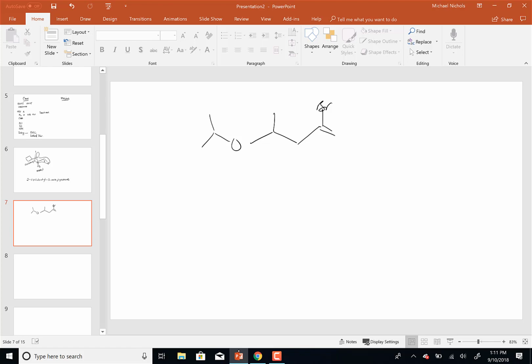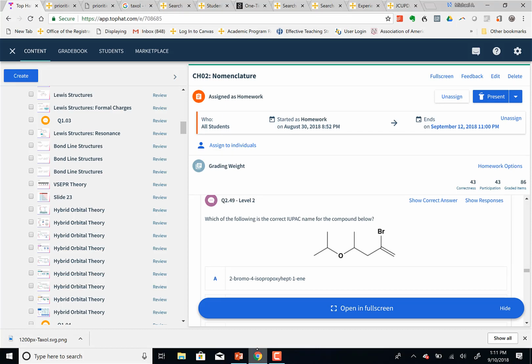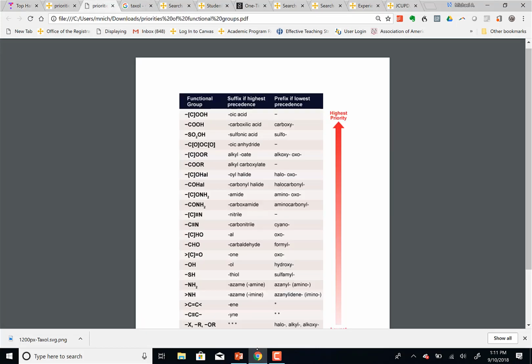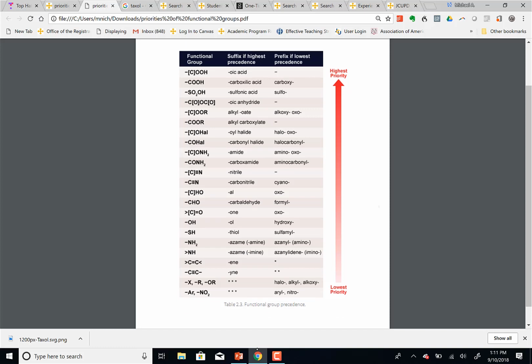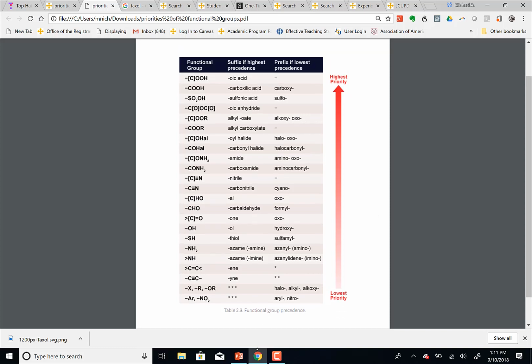And the usefulness of this chart is that it gives me the priorities of the functional groups, which, as I think we found out on Friday, does not obey the Cahn-Ingold-Prelog sequence rules. So you will get this chart to use in naming.